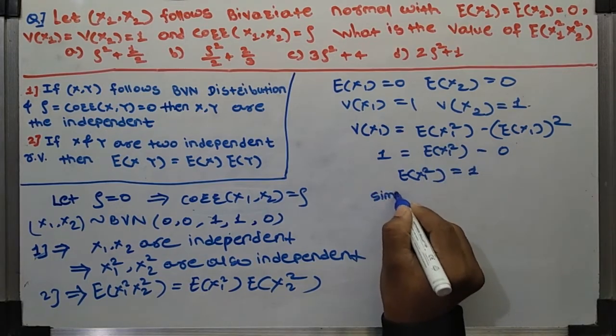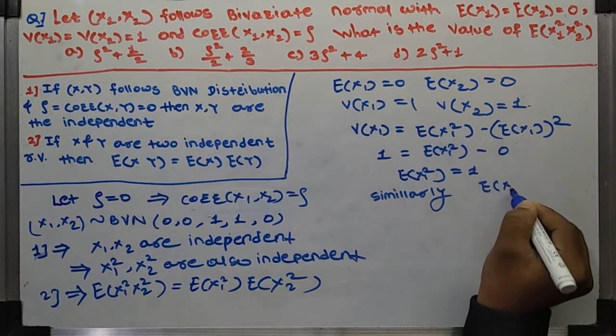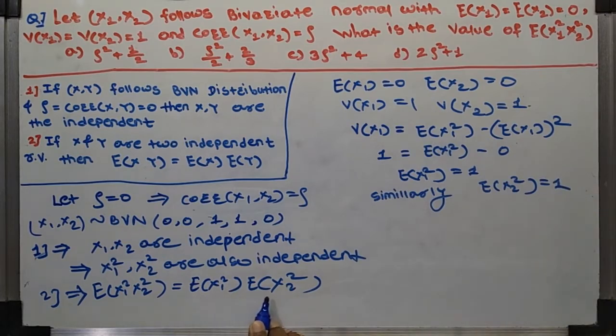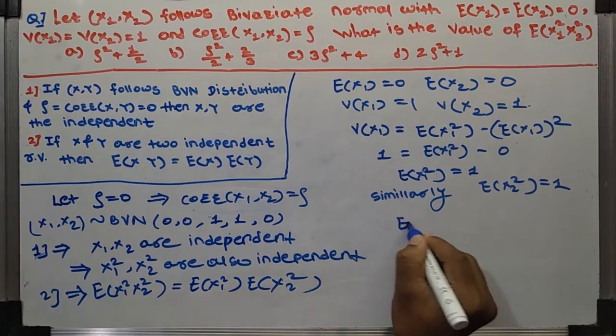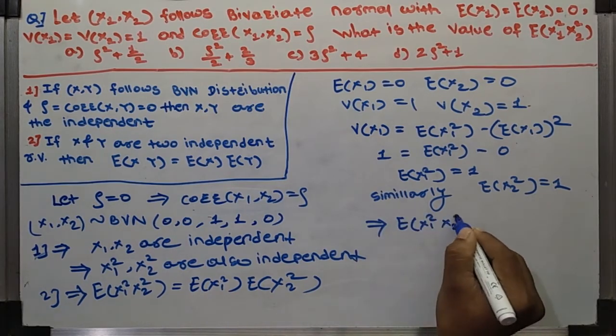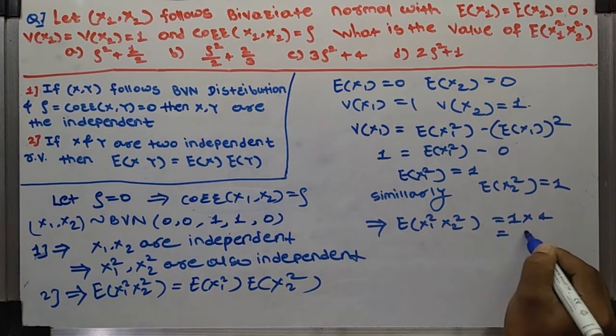Similarly, expectation of X2 square is equal to 1. So we put expectation of X1 square and expectation of X2 square in this, which implies that expectation of X1 square into X2 square is equal to 1 into 1, which is equal to 1.